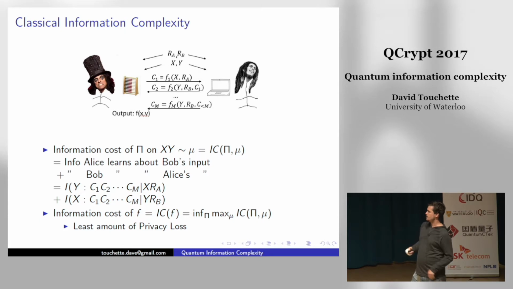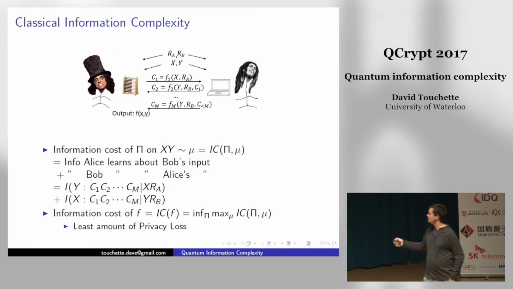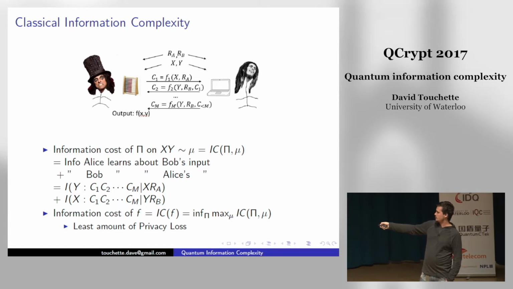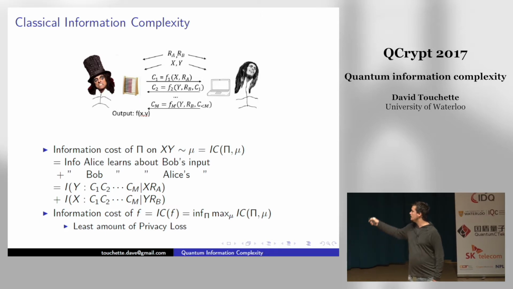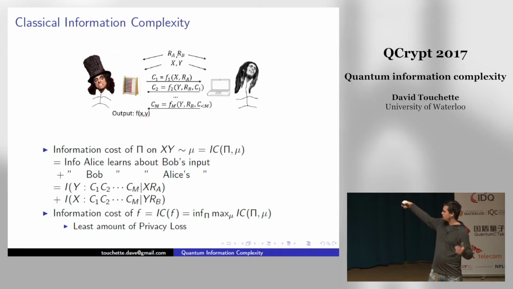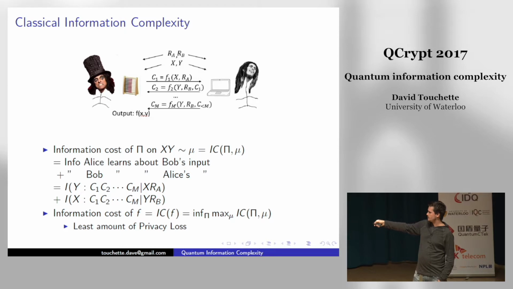Plus, it also quantifies how much information Bob has learned about Alice's input at the end of the protocol. Okay? So in terms of this conditional mutual information, we quantify how much information the sequence of messages, C1 up to CM, reveals about Bob's input Y to Alice, given that she already knew X at the beginning, and also her share of the randomness.